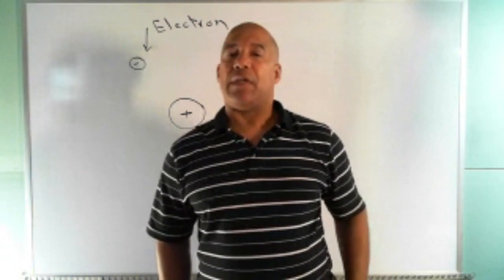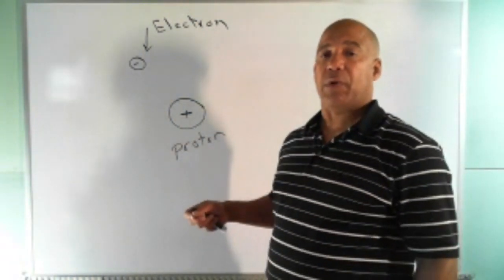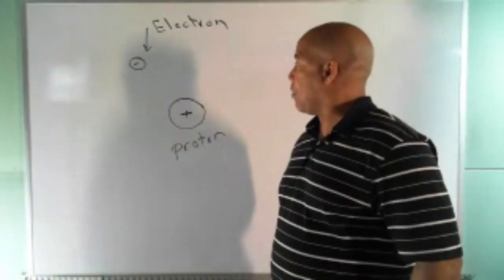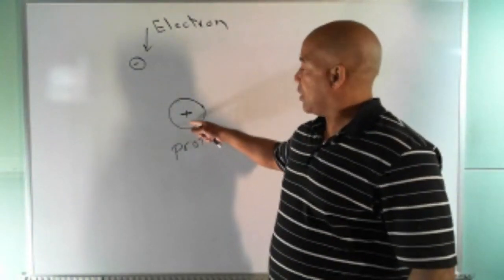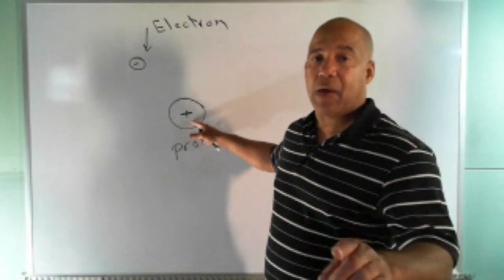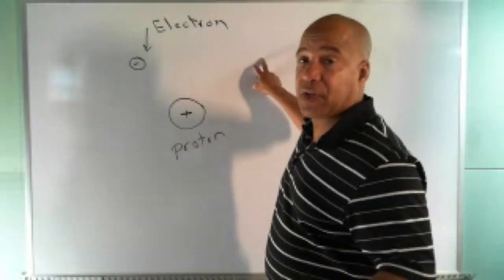But now we know that there's actually particles smaller than the atom, and these are what we mean by subatomic particles, and there's 3 of them. One subatomic particle is called the proton, and so I have the proton drawn here. Now you got to be aware of something, guys, about what I'm doing here. I'm drawing something that's 3-dimensional on a 2-dimensional surface.